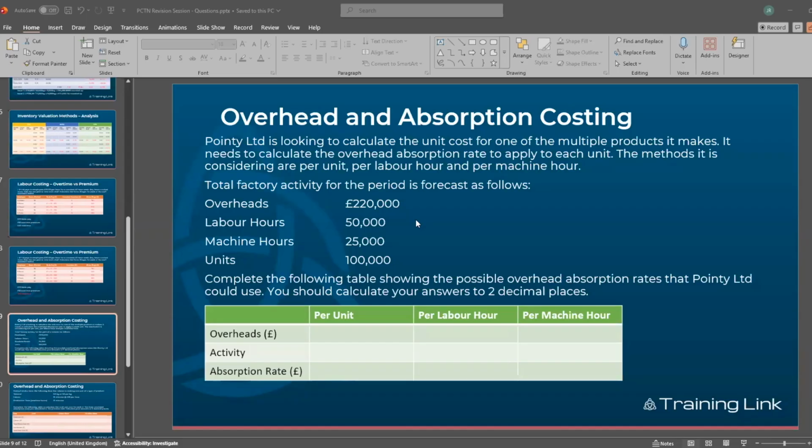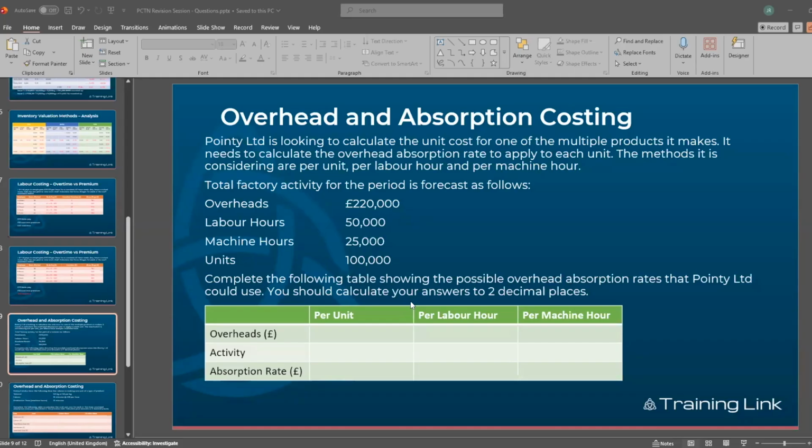Total factory activity for the period is forecast as follows. We've got overheads expected to be £220,000. We're expecting to have 50,000 labour hours used during this period, 25,000 machine hours, and all of this relates to an estimated 100,000 units.